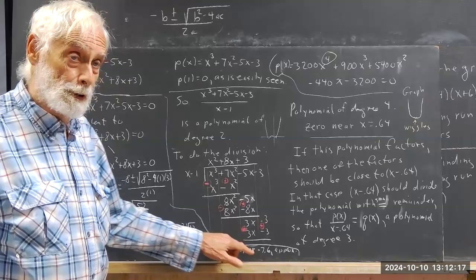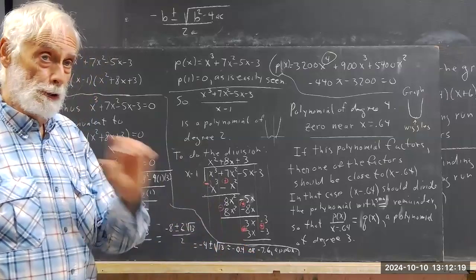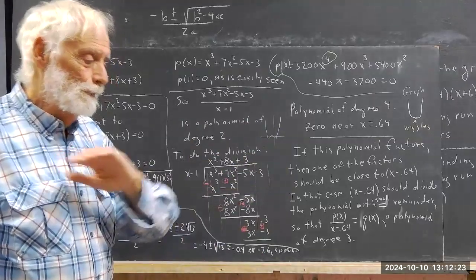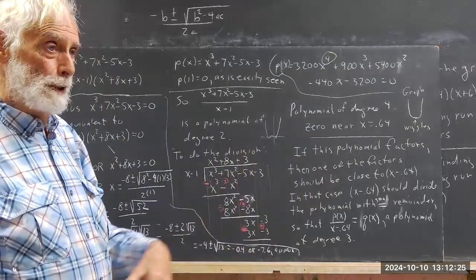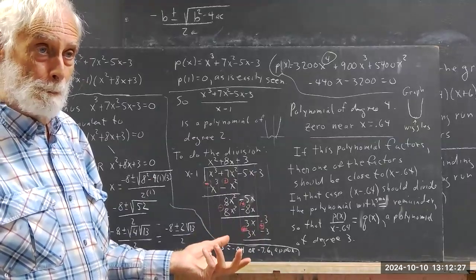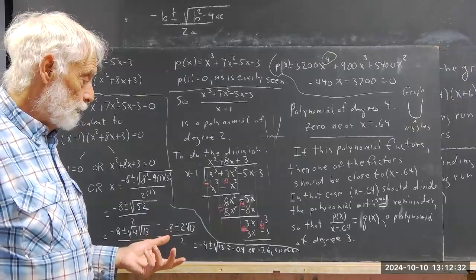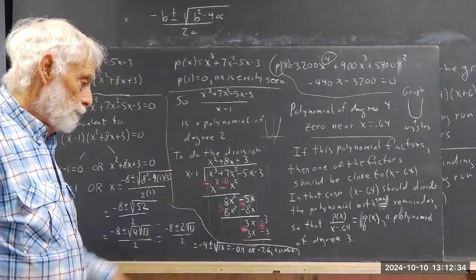These are approximate because we're dealing with the square root of 13, which could go on infinitely. Yeah, that infinite number of decimal places with no real pattern. Okay? So you never get it exact no matter how many decimal places you use. I just use these to represent it.